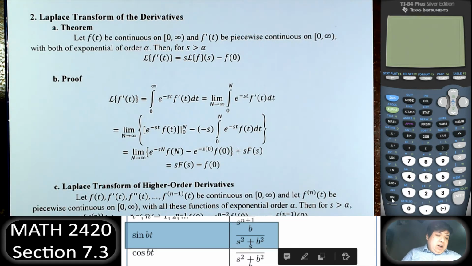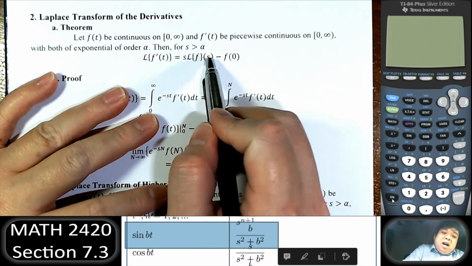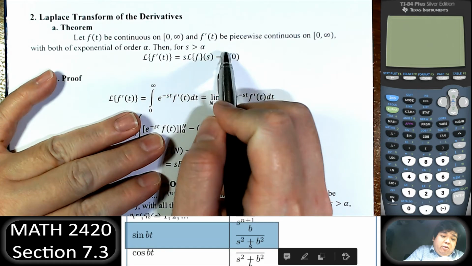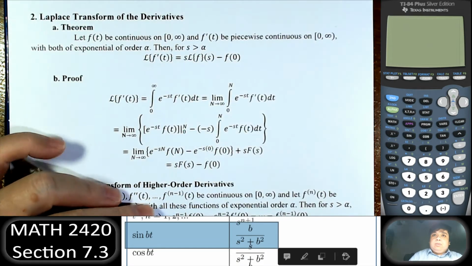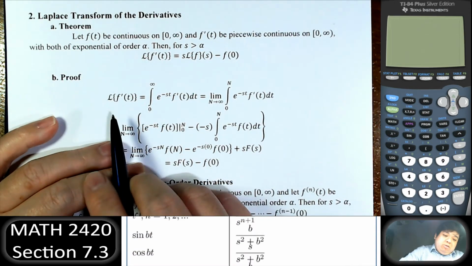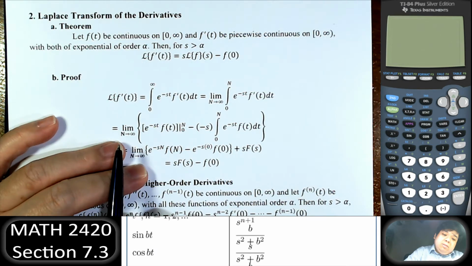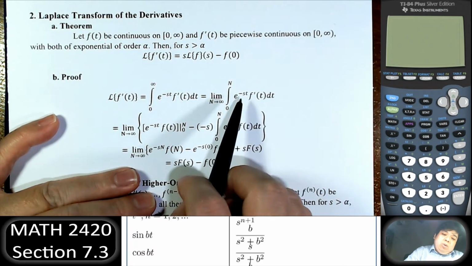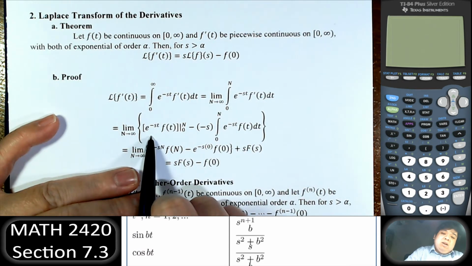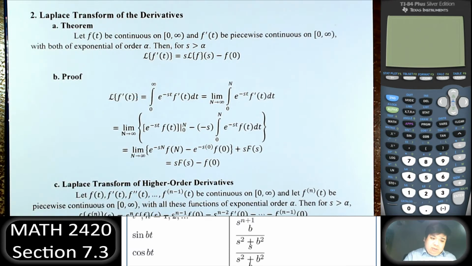So first, the transform of the first derivative is going to be s times the transform minus the function at 0. Right. The proof of the transform of the derivative is that. Now, the reason we write from this step to this step is integration by parts.